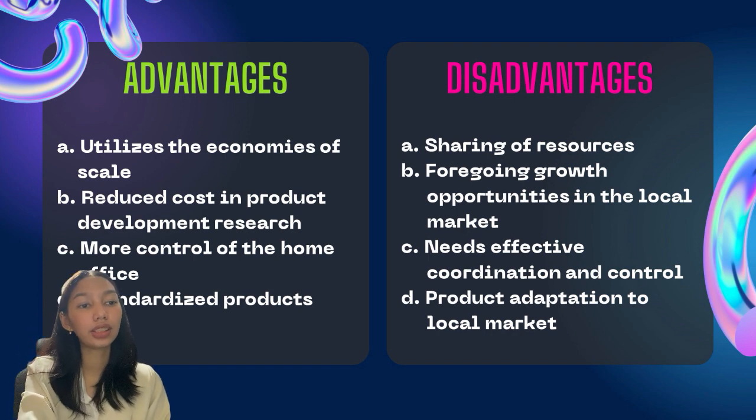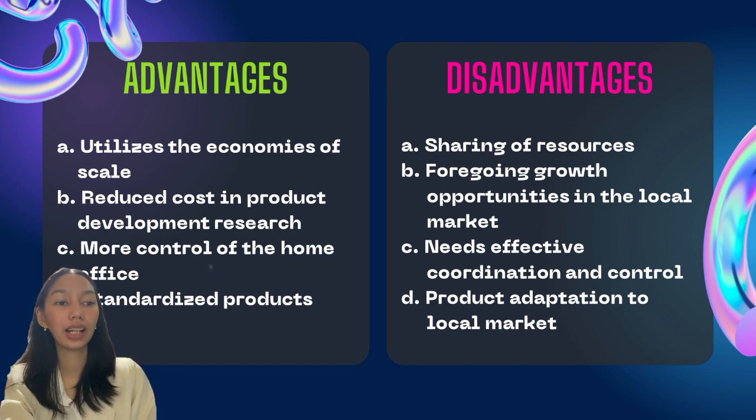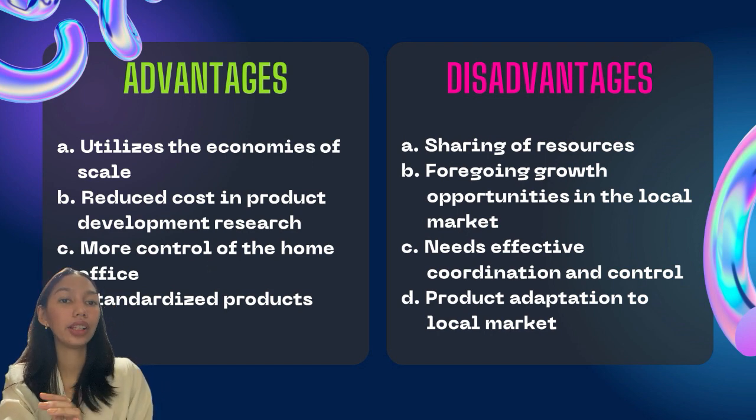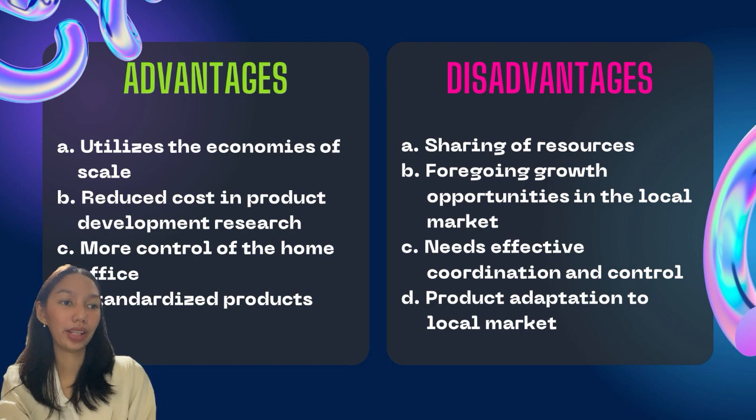Another advantage is that it reduces costs in product development research, since they have standardized products and don't need different variations in the different countries where they operate. Another one is more control of the home office, and lastly, the standardized products.